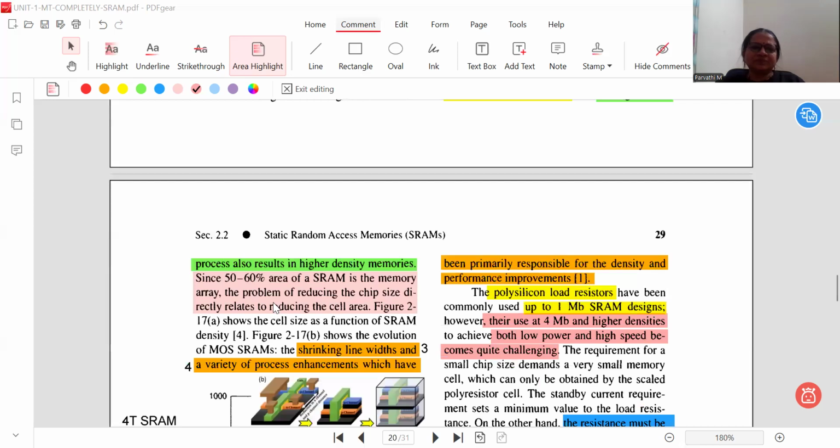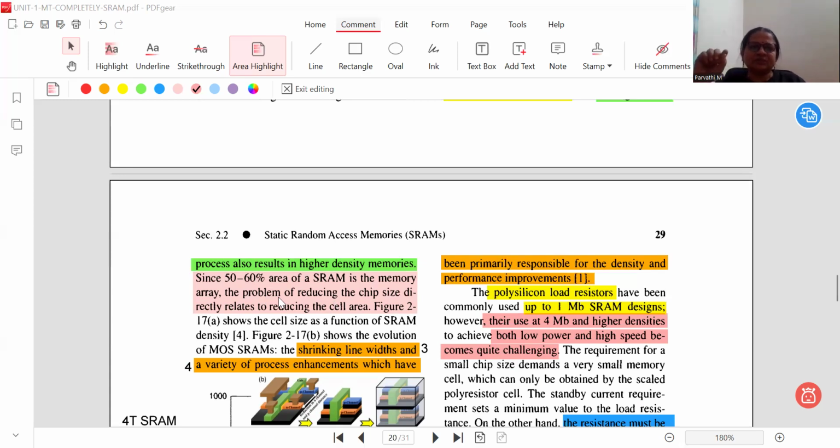Generally, if you observe, the cell area itself takes more of the place within the wafer. I mean to say 50 to 60% of the area of SRAM is the memory array. The remaining 40% goes for the connection of peripherals like the column decoder, array decoder, or other sections.